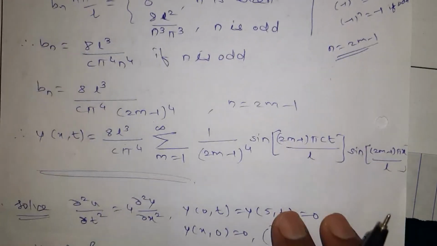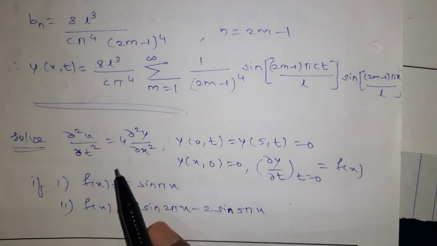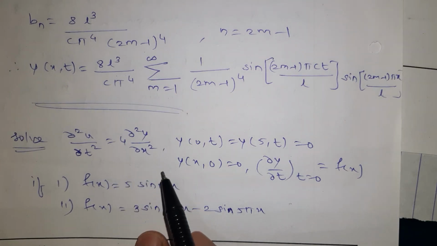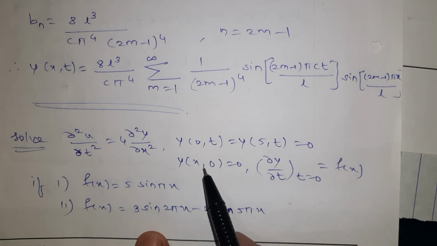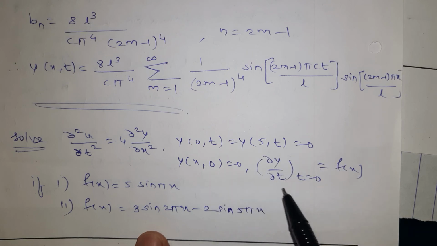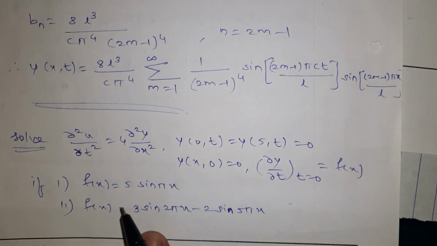As homework you can try to solve this problem. Solve ∂²u/∂t² equals 4 ∂²y/∂x², y of 0,t equal to y of 5,t equal to 0, y of x,0 equal to 0, ∂y/∂t at t equal to 0 is equal to f of x. This f of x I take general because I want two examples here: f of x is 5 sin pi x, and f of x is 3 sin 2 pi x minus 2 sin 5 pi x, for that purpose, right?